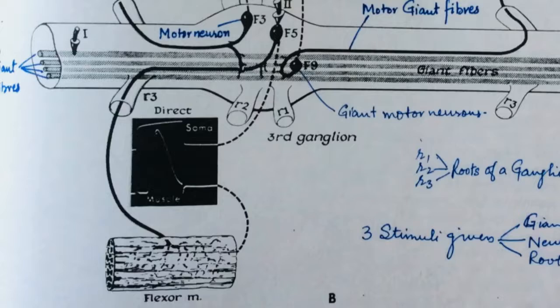The top graph in this box is for the soma of the F5 motor neuron, and the lower graph is for the muscle of that particular side, the flexor muscle of the left side, through the root 3. This is a big graph, and you may expect a muscle contraction in this particular case.